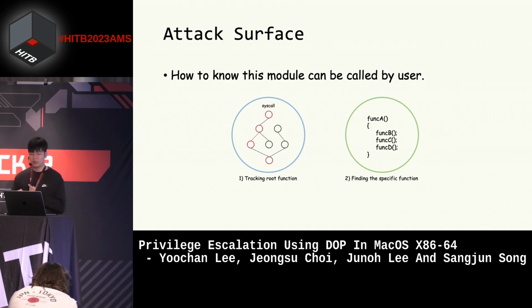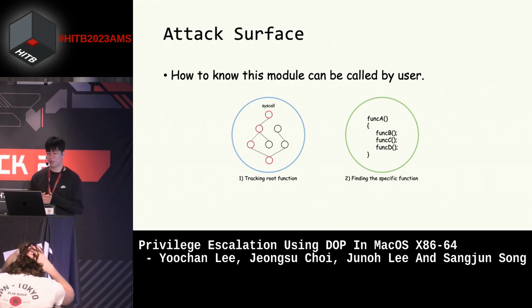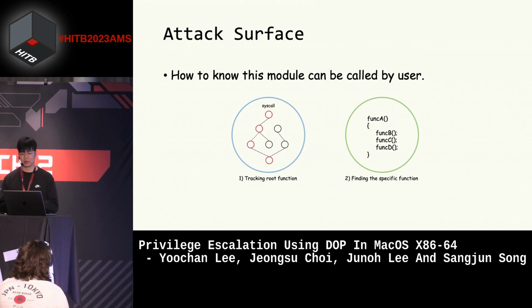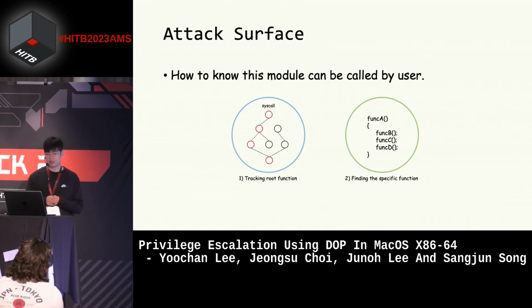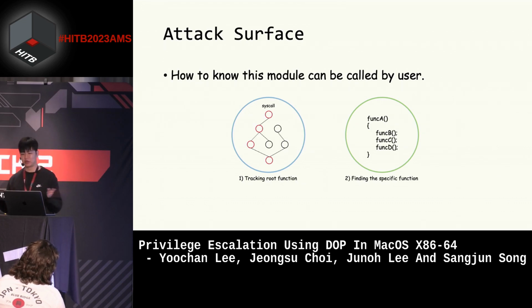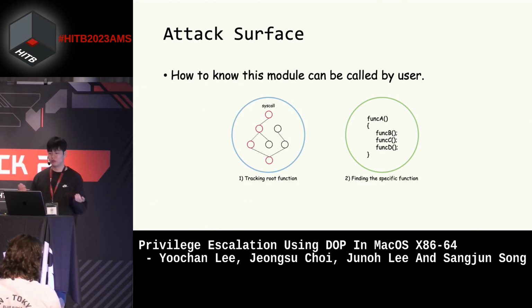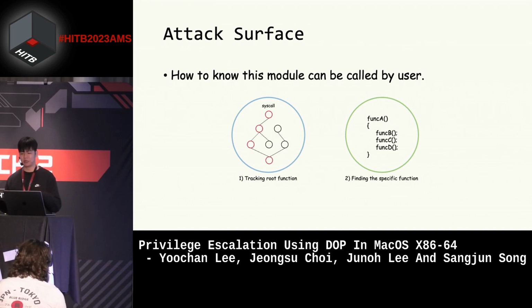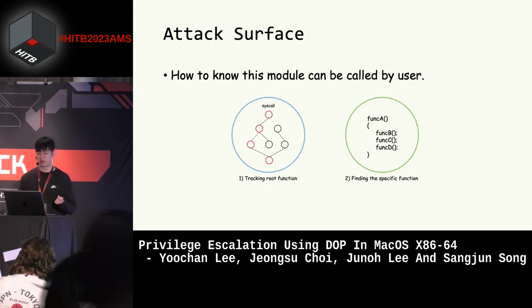The first is to trace back to the root function. If the root function is related to a system call, the user can call the vulnerable function. And the second is finding the functions related to user kernel communication. Do you know the key functions related to user kernel communication?